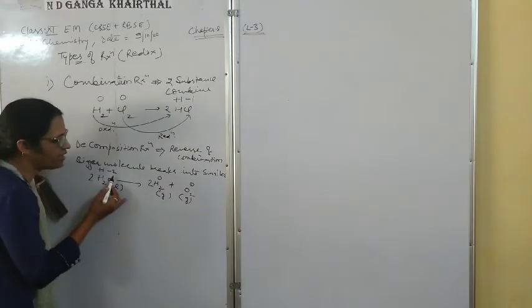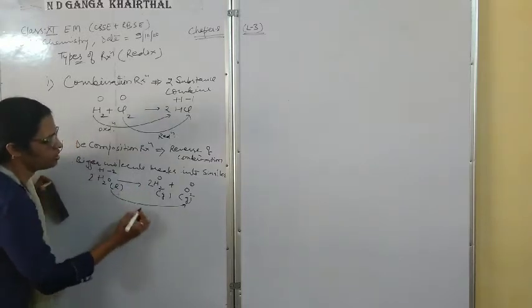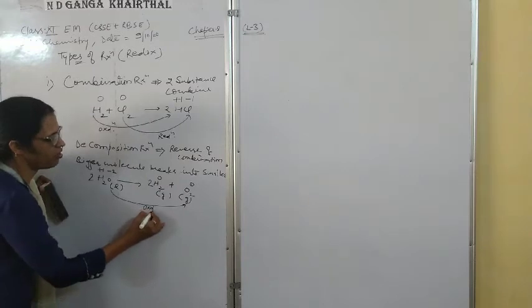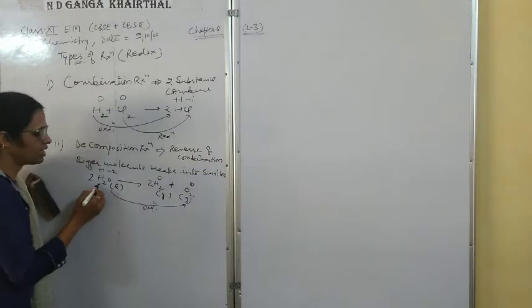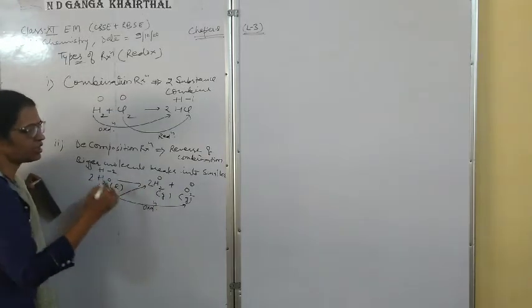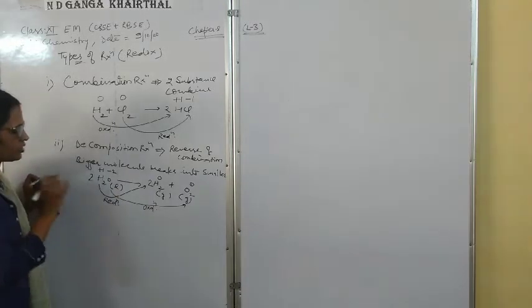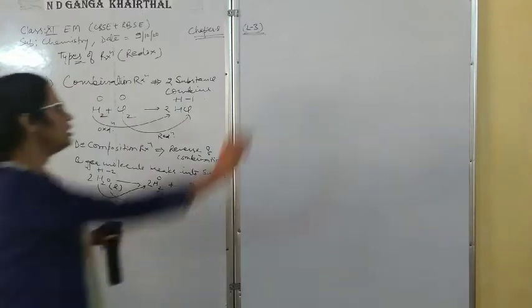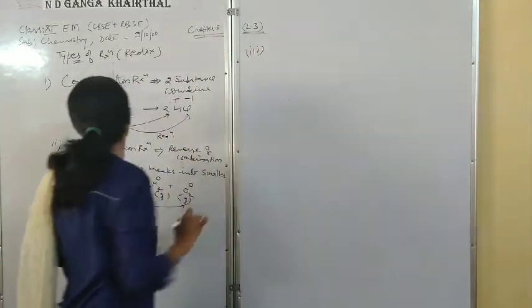Here oxygen goes from -2 to 0, so there is an increase in oxidation number. So it's an oxidation process. And for hydrogen, the oxidation number goes from +1 to 0, so there is a decrease in oxidation number. So it's a reduction. Clear? Now what will be the third type of reaction?